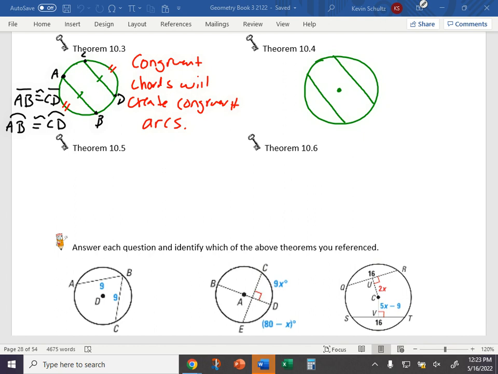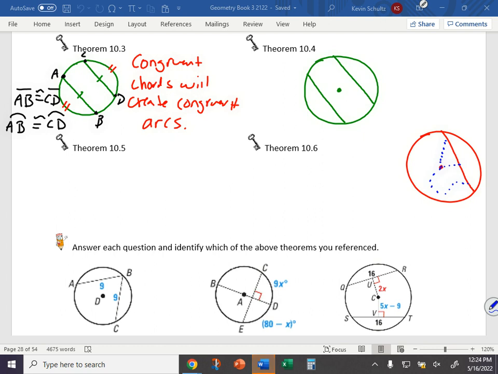What are you measuring to say something is equidistant from the center? If we had a circle with a center, and I ask you how far away that chord is from the center, are you going to measure that distance, or that distance, or that distance? When you say something is a distance from the center, what are you measuring?